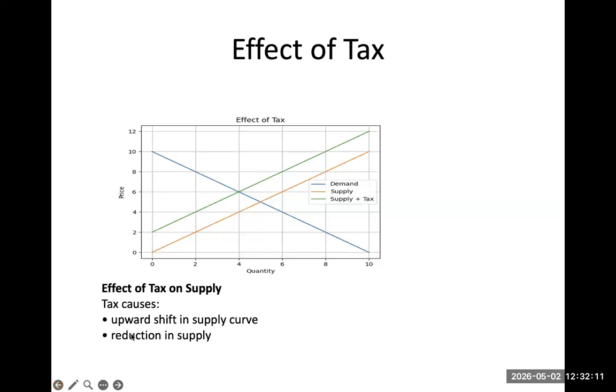It's a matter of just labelling. When we say shift in the supply curve, you can label it as supply curve SS1 to SS2. So SS1 to SS2 means there's a shift in supply.